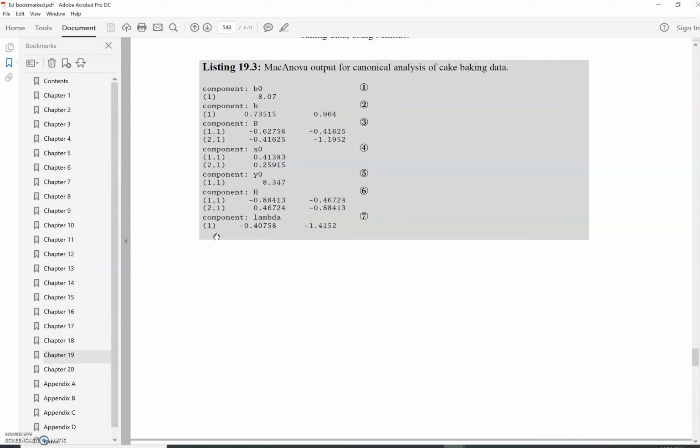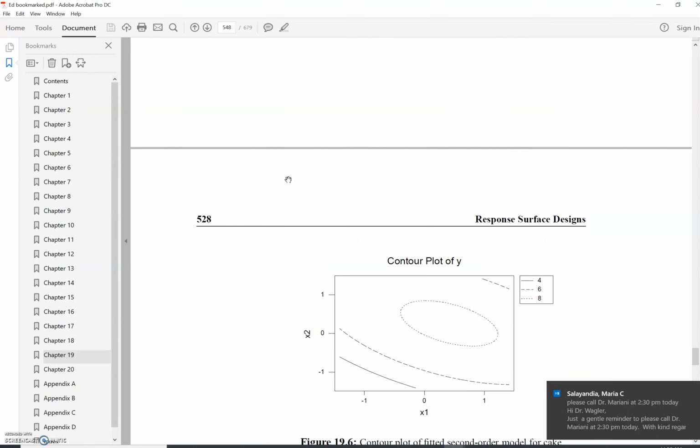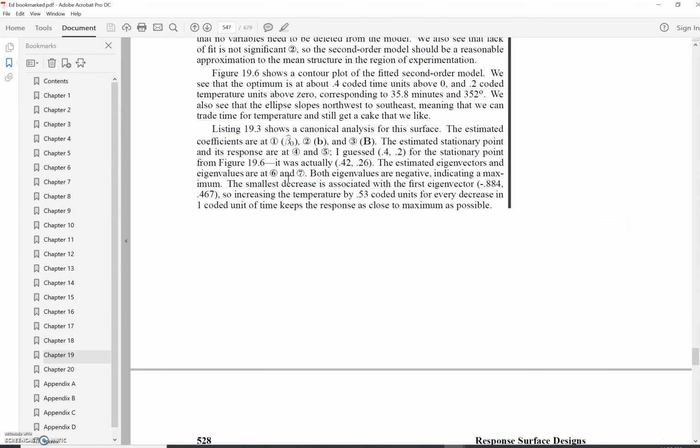So we can find a maximum at a particular point where the response has a value of 8.347, and values for the stationary point are 0.4 and 0.2. So we'd have to rescale that, but that would be a little bit higher than the recommended temperature of 350 and a little bit longer.